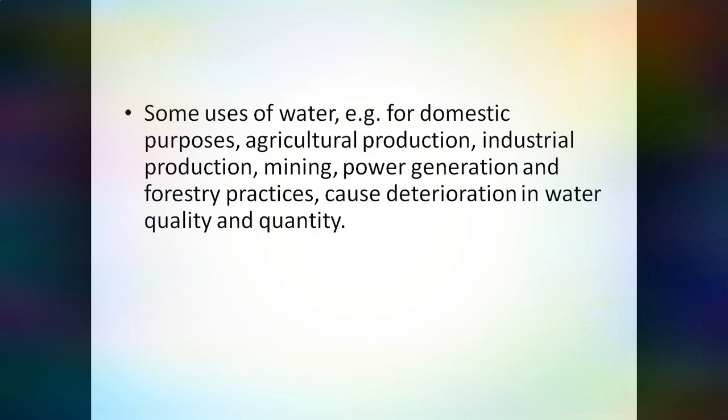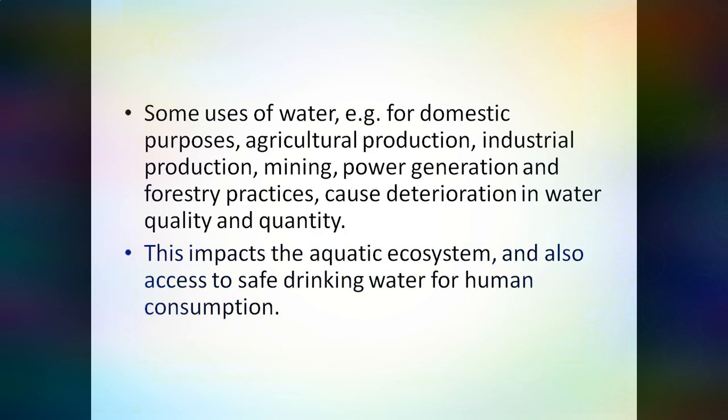Industrial production. Similarly, when we use water in the industry, the industrial runoff, the effluents from the industry, also contaminate the nearby water body. So all these activities cause deterioration in water quality as well as quantity.